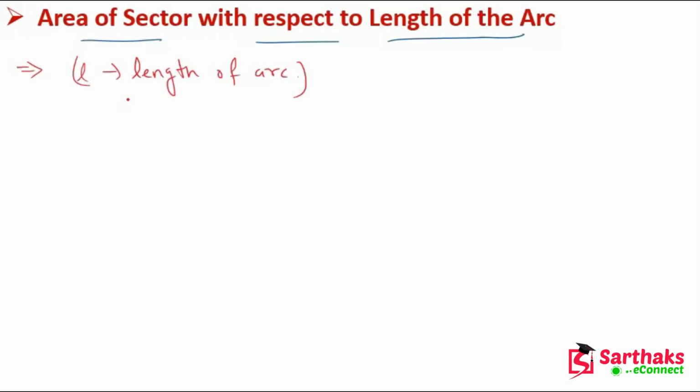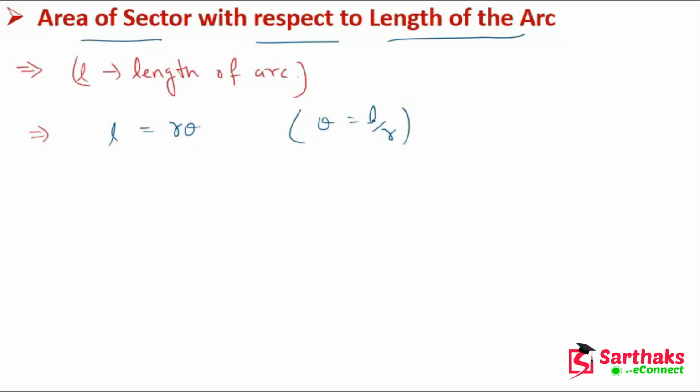So my dear friends, there is a different way to calculate the area of sector. How can we calculate it? We know that in the previous lecture we learned another formula of length of arc: L is equals to r into theta, because theta is equals to L upon r.